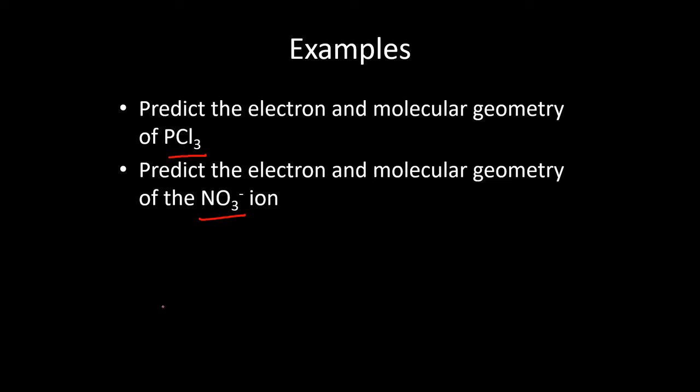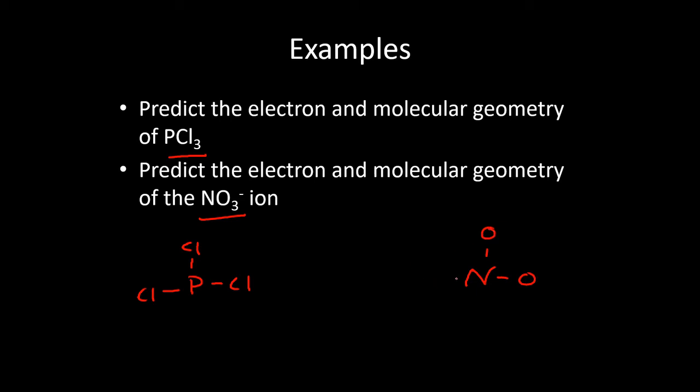Alright, so hopefully you worked out both of those to the best of your ability. Let's talk about each of them now. Like I said before I had you pause, we need to work out the Lewis structure for each of these first. One of these we actually already did.